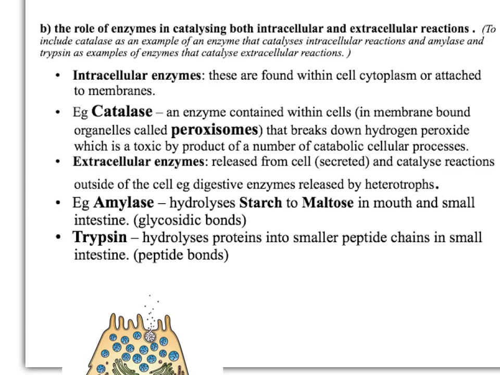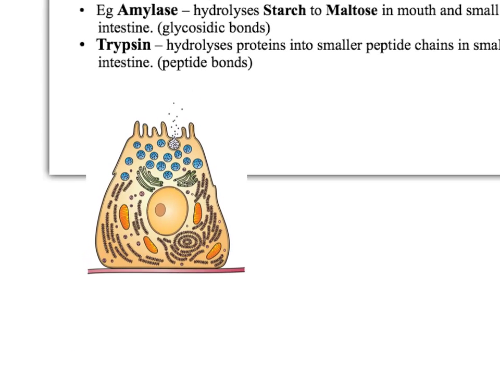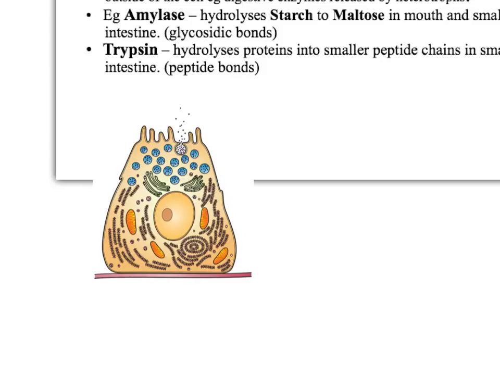Okay, so this little diagram below should help to illustrate that. Here is a cell, and this could be a cell lining the salivary gland, or it could be a cell in the pancreas lining the pancreatic duct. The principles are exactly the same. So as you'll notice, the cell has various organelles, including rough endoplasmic reticulum with ribosomes.